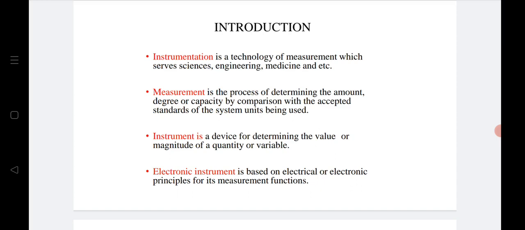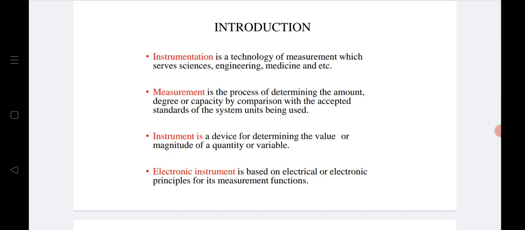Like for example, if you go with some weightage calculations, when you put some quantity on your weight machine, that weight machine will show you that the weight of that particular quantity is these many kgs or these many grams.